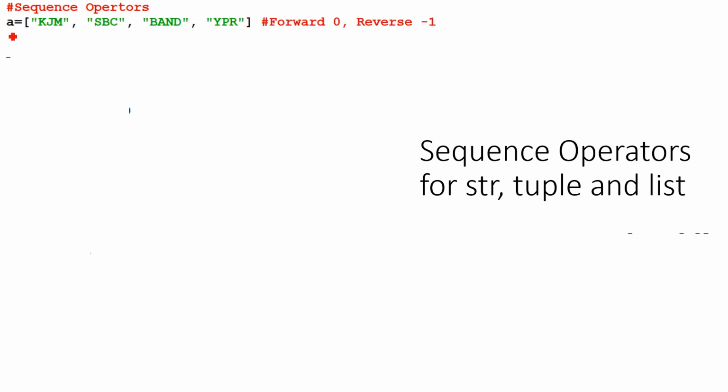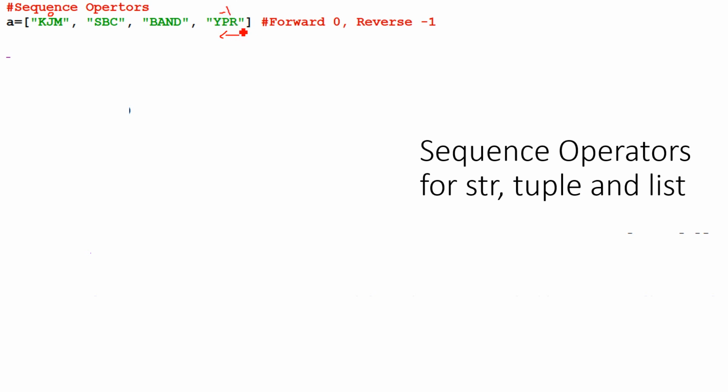So now let us say we have a list called A, having some contents: KJM, SBC, band, and YPR. The list can be accessed in the forward direction and also in the reverse direction. In the forward direction, the index value starts from 0, whereas in the reverse direction, from the last, it will be starting from -1.